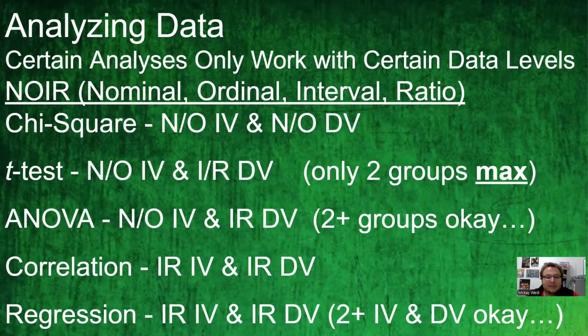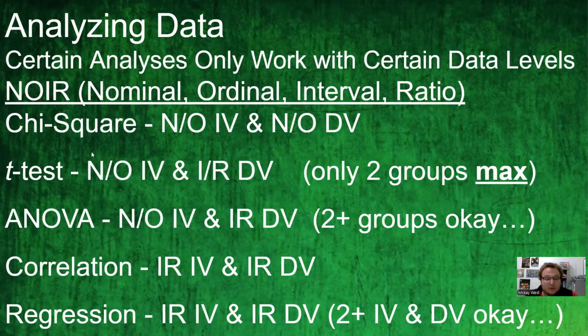I just want to remind us why we've covered nominal, ordinal, interval, and ratio data at the beginning of this video. Remember that, the way the math works, you cannot run some of these tests if you don't have the appropriate data levels to run them. Chi-square frequencies only work for nominal and ordinal data.